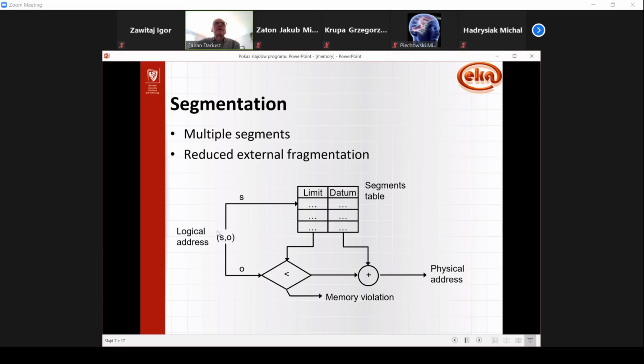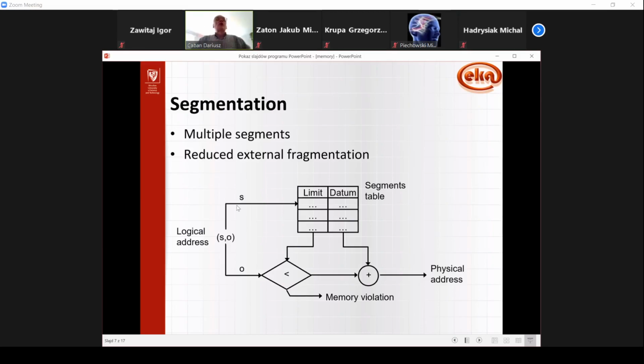Instead, each segment of the program, I was telling you during compiling and linking that the program defines some segments, fragments of it, is handled separately. So during loading the program, instead of looking for a single block where everything can be fitted, you look separately for memory for each of the segments.